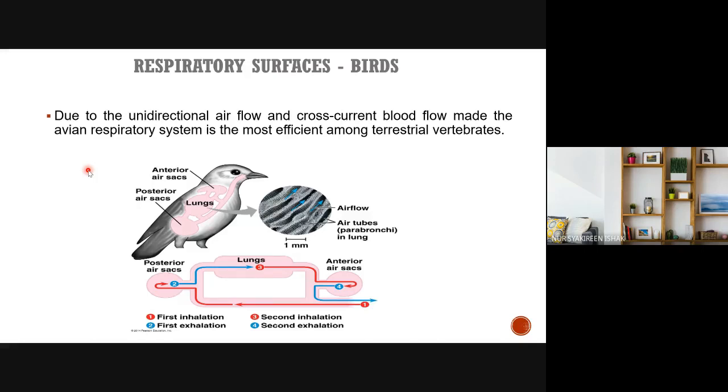Tapi bila kita exhale, cuba hembuskan nafas, pada masa tu oksigen tak adalah masuk dalam lung, faham tak? Tapi kalau untuk bird ni, dia exhale ke, dia inhale ke, the lung is always supplied with oxygen. So that's why for bird it is the most efficient way to extract oxygen from the air. So this makes sure that the bird is always supplied with oxygen.